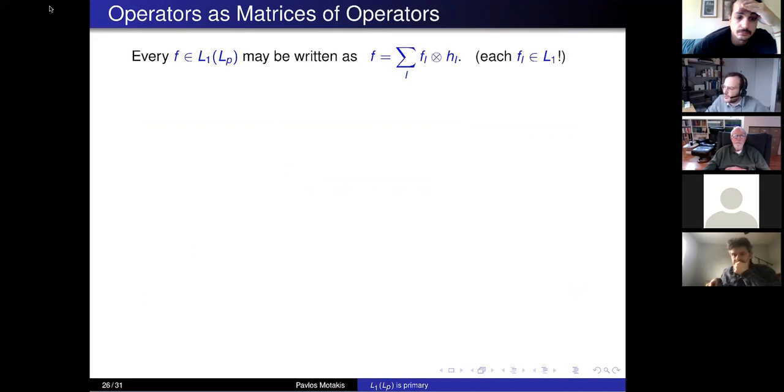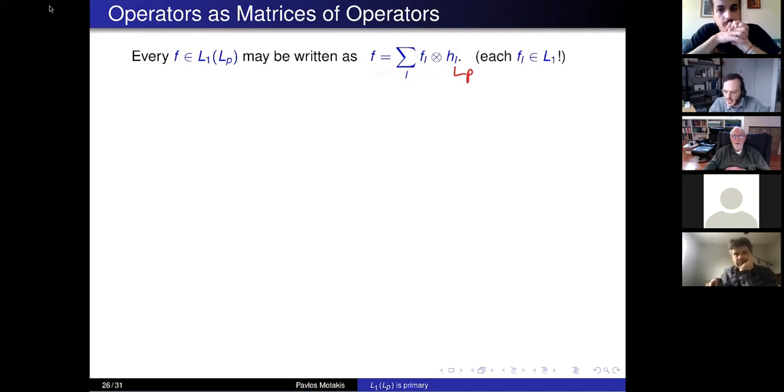And I want to talk about how an operator can be represented as a matrix of operators, all of which are defined on capital L1, because the ones on capital L1 are the ones that we finally understand so well. So one observation that one makes is that if you take any F in L1 of LP, then this can be represented as an infinite sum of tensors, where on each component on the right side, you have the Haar basis in LP.